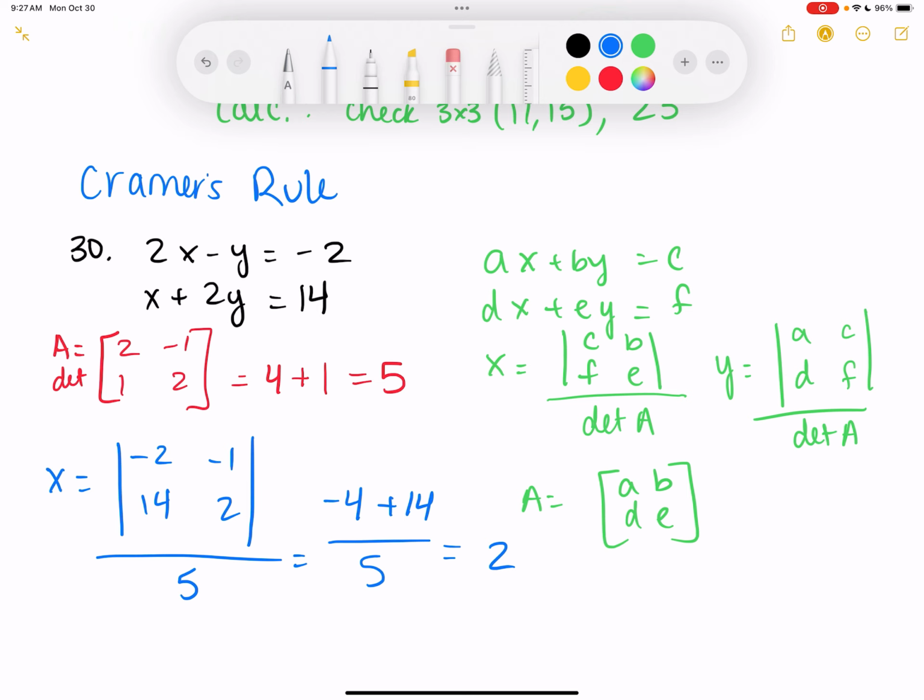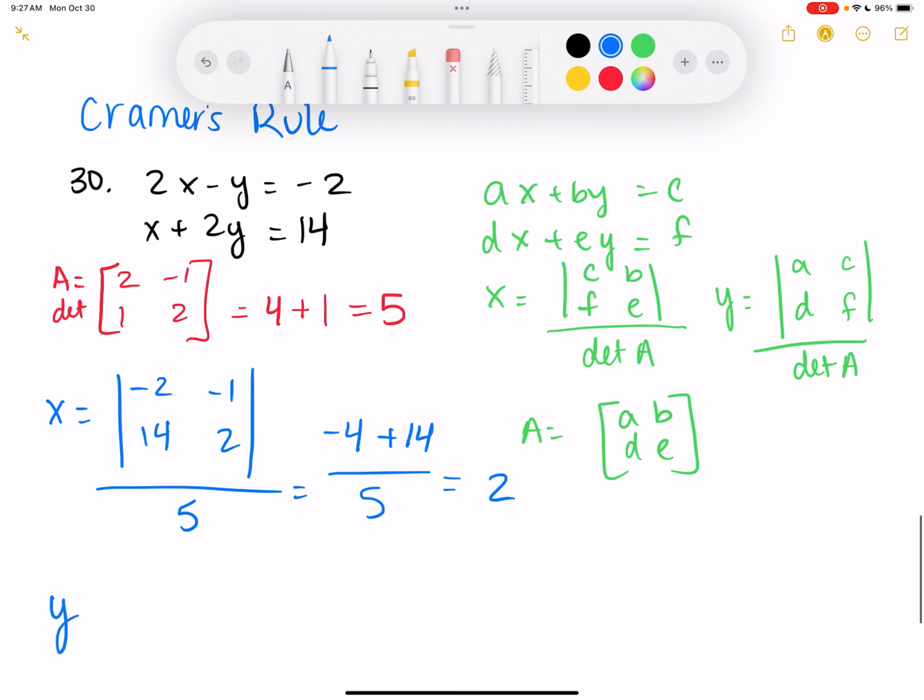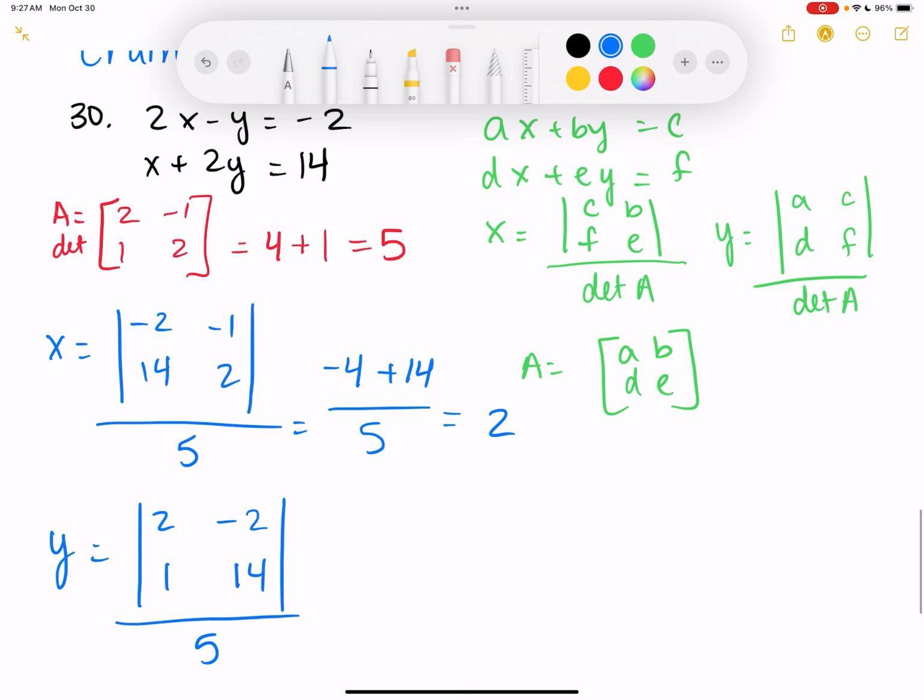And then for y, I have the matrix 2 and 1 going down there for x, and then -2 and 14 in for y over 5. So what's the determinant of this? 28 plus 2 over 5, which reduces to 6.